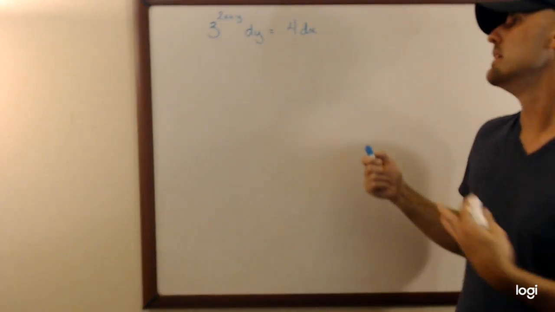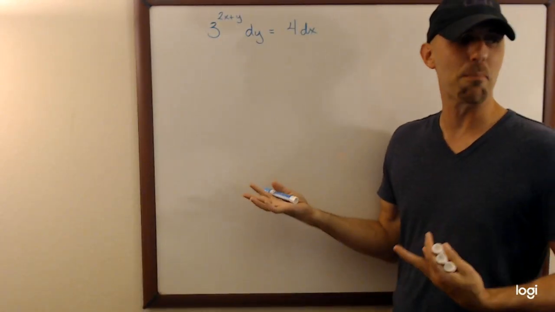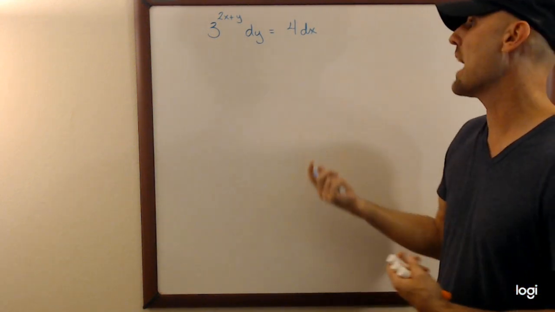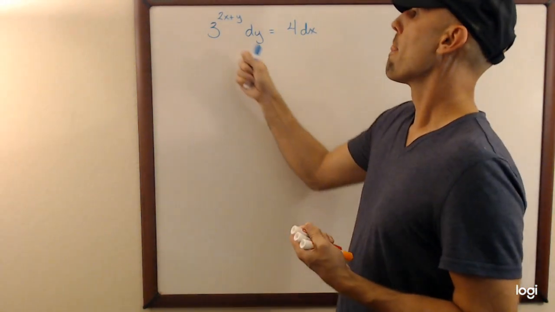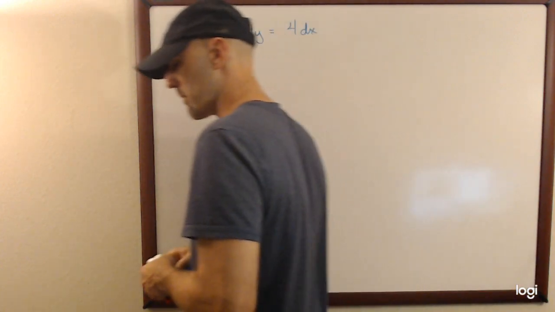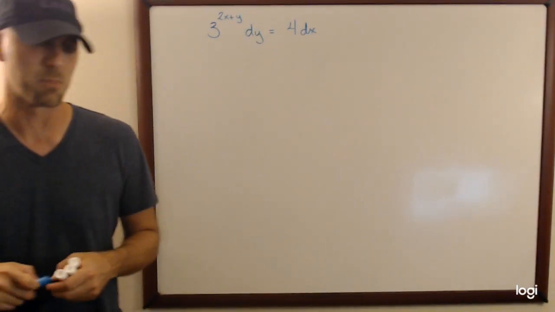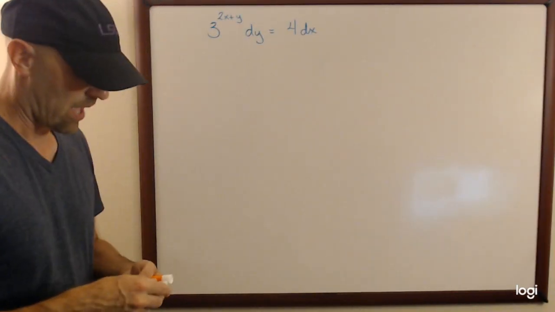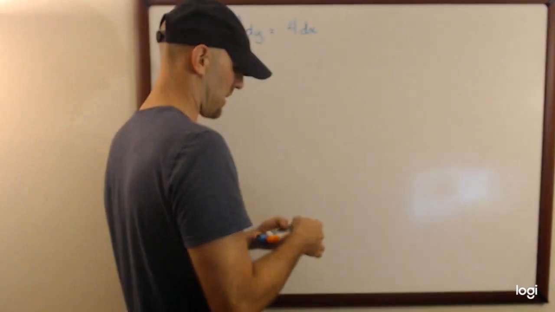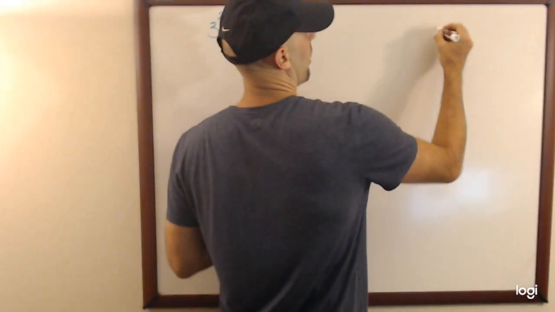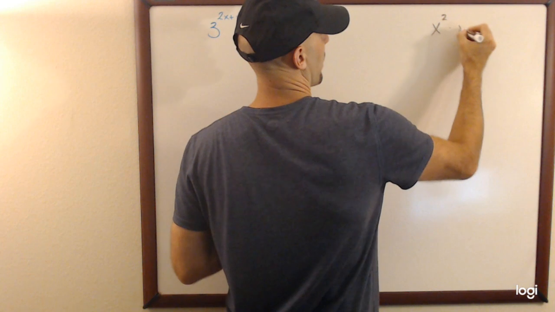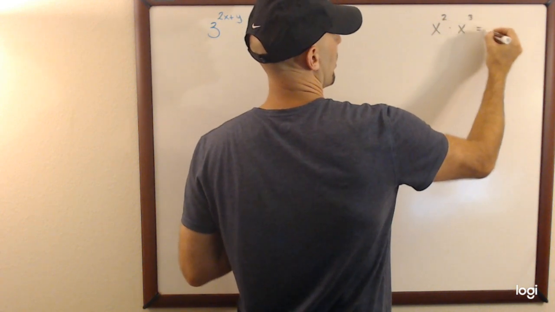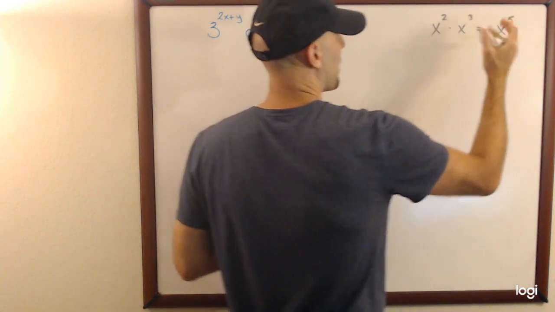I need to figure out actually how to separate it though, but separating this should be actually fairly easy. How do I separate the exponent, right? Both the x and the y are in that exponent. And we can think about it in terms of something like, well, what's x squared times x cubed? Well, it's x to the 5th, right?